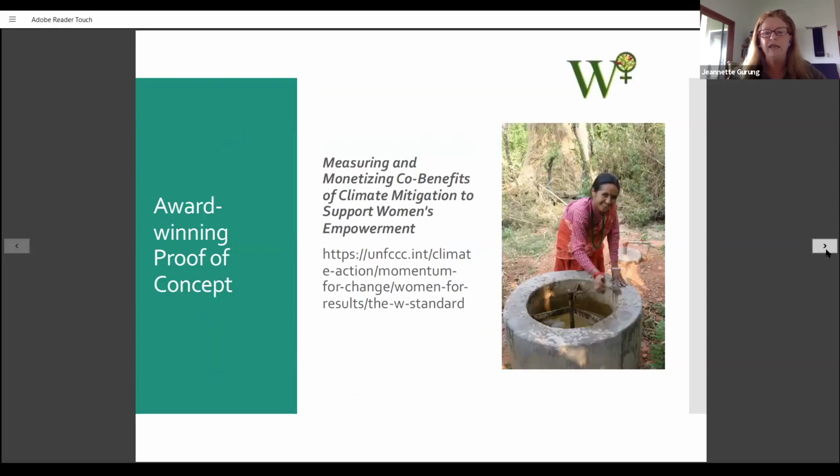We did win an award from the UNFCCC for Momentum for Change, Women for Results, based on the project in Nepal, which is, for us, a classic example of the W+, in that it was applied to an existing carbon mitigation project implemented by the government of Nepal to set up these biogas units, such as in the picture, very small, attached to a toilet.